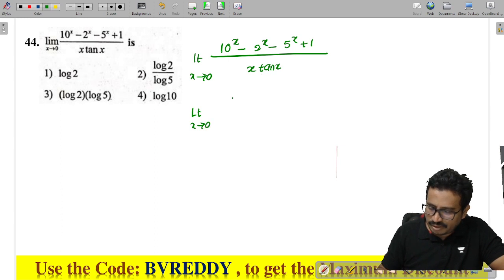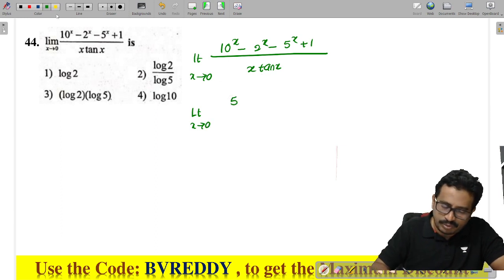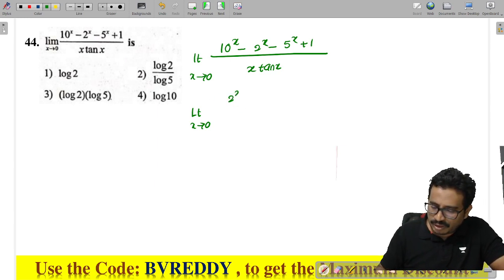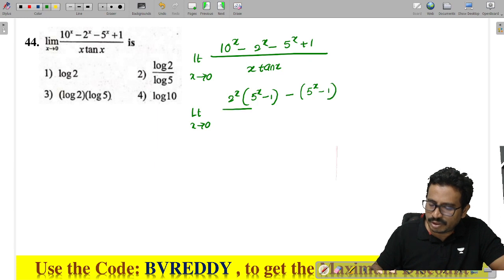If you have taken the 2 power x common in these two here, which I will get the 5 power x minus 1. If I take minus 1 common, then again here is a 5 power x minus 1, x into tan x.